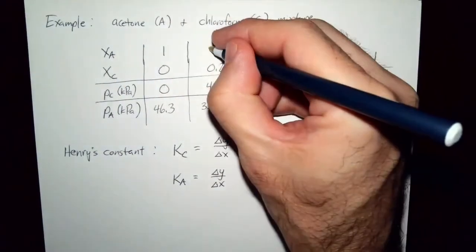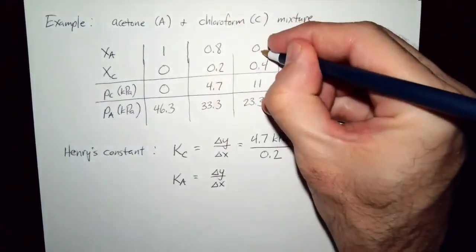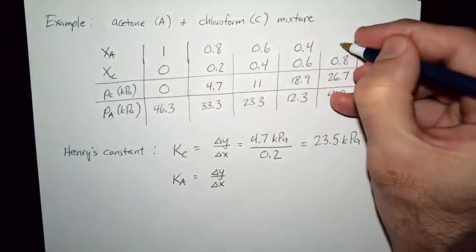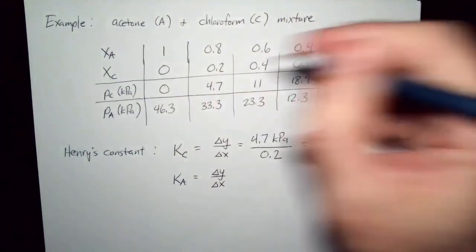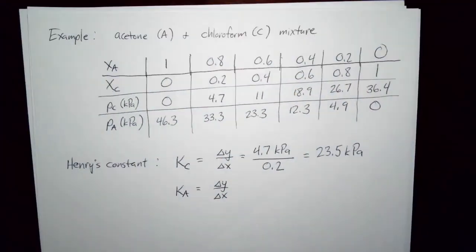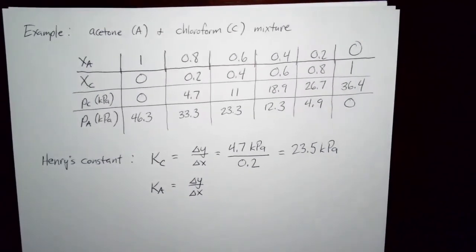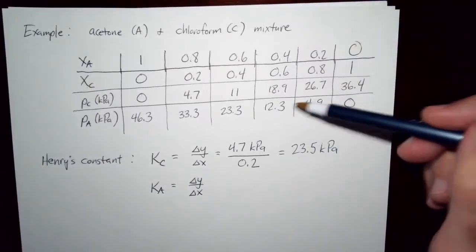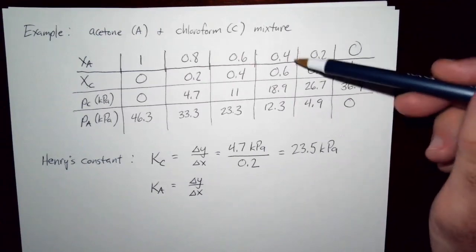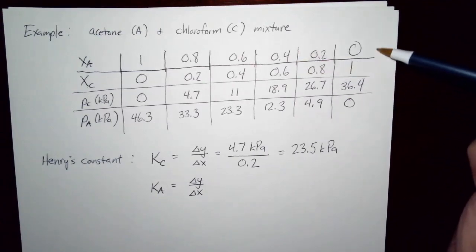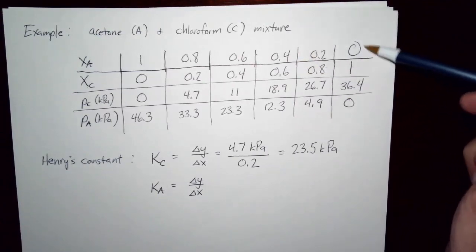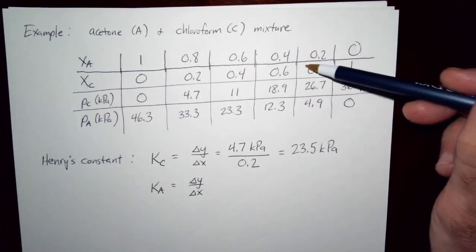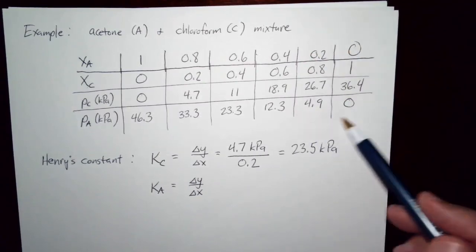So this would be 1, 0.8, 0.6, 0.4, 0.2, and 0. We want to look at the values of the pressure when XA is close to 0. So I'm going to use these 2 points right here as my X values, and these 2 as my Y values.